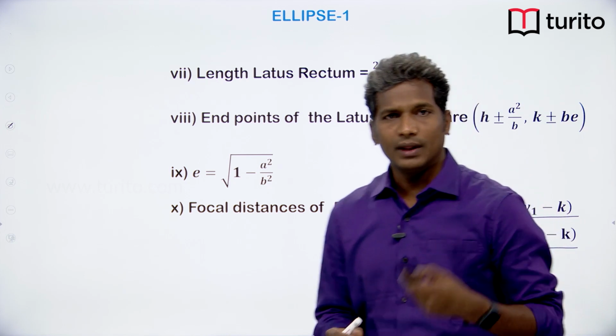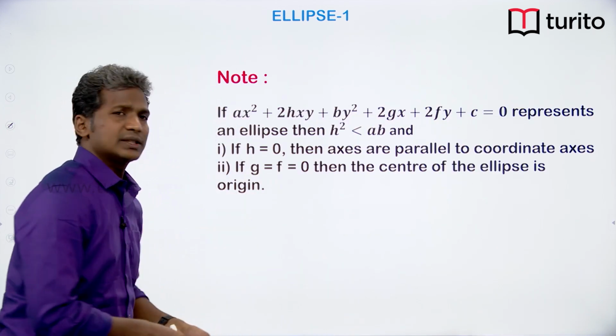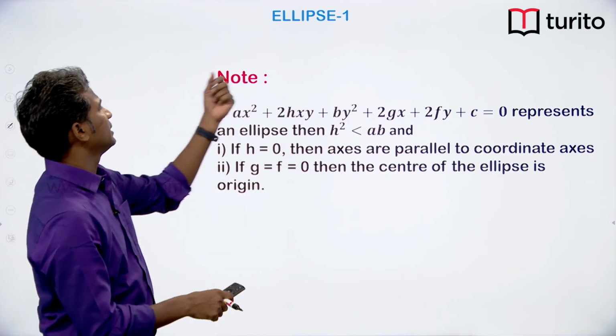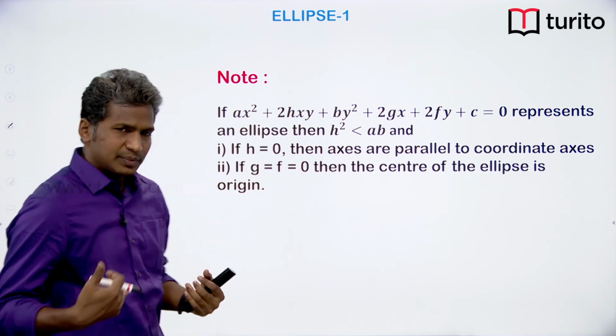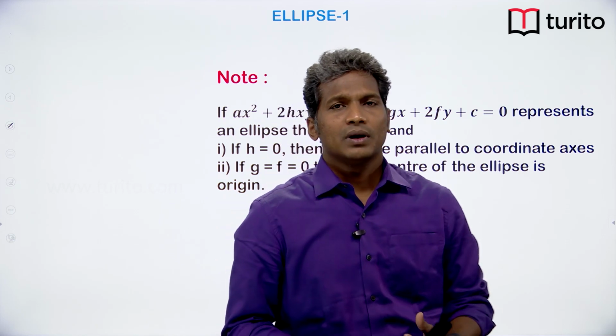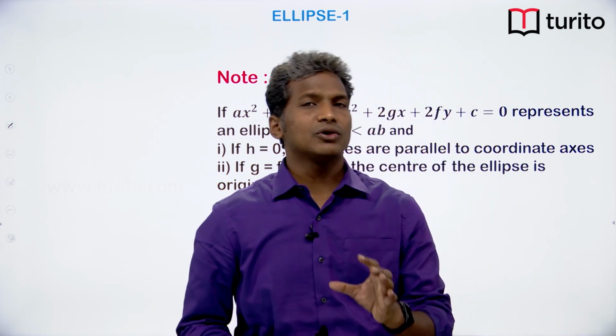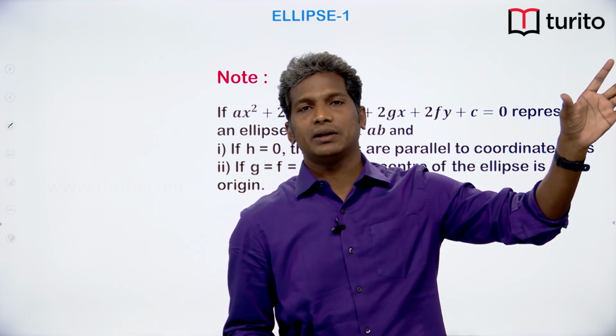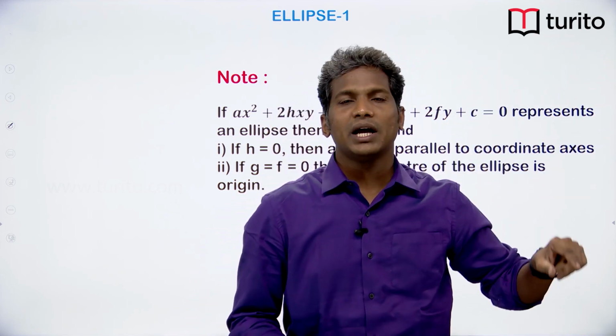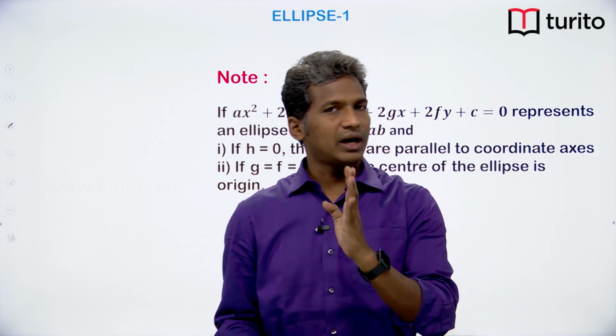Now based on these ideas, let us also build another idea for the general equation. For all the setup that we have discussed till now, one special case was the center was at origin, the other special case was center was at some other point, but axes of the ellipse were parallel to x axis and y axis.